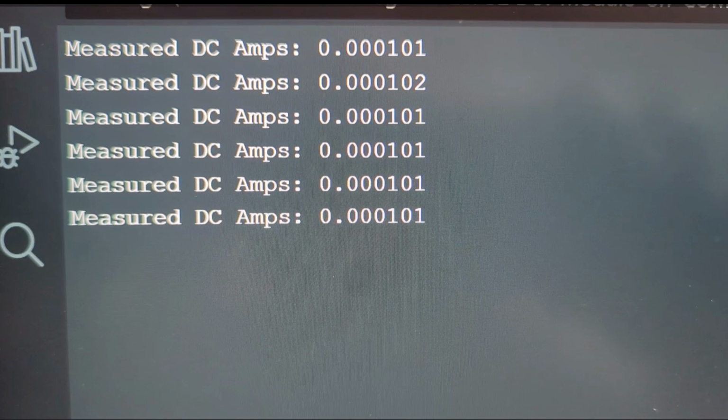Notice the great accuracy we're getting, right? So we looked at this on a $4,000, $5,000 instrument, and now we're looking at it on this board that cost $80. We're seeing 100 microamps or 101, 102. So we're only seeing about 1 or 2 microamps of error in this measurement. To do that, we had to do a lot of what we talked about, right?